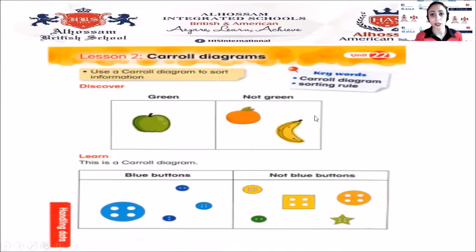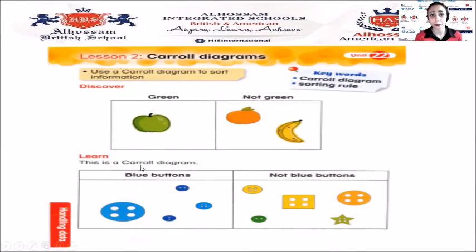This table has two groups. This is the first one and this is the second one. But don't forget that you have a rule. To make groups, you have a rule.